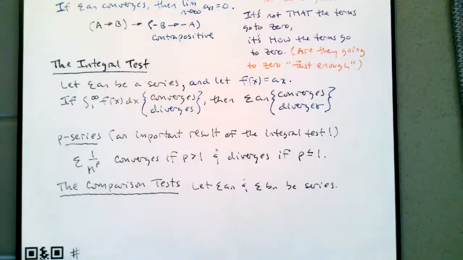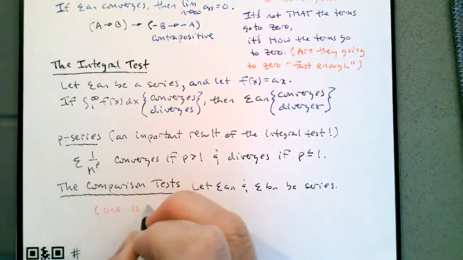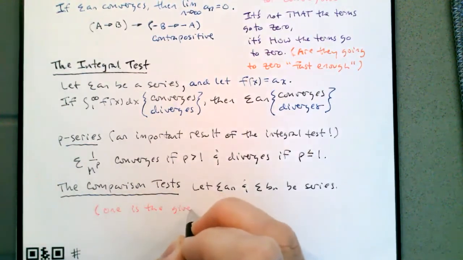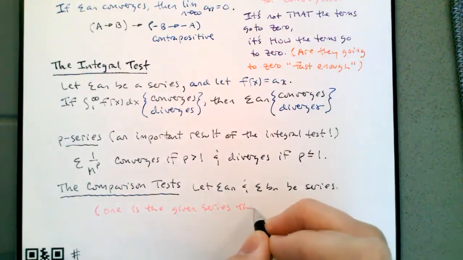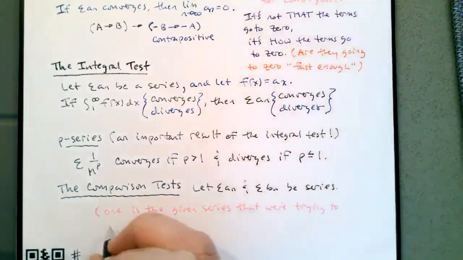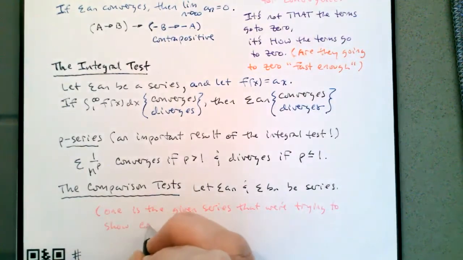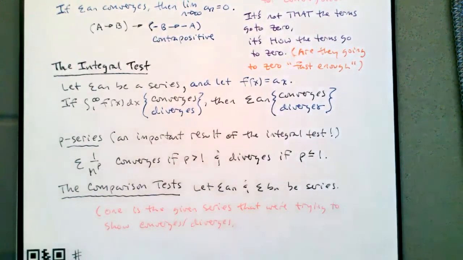So one is the given series that we're trying to show converges or diverges. The other is a known convergent or known divergent series.